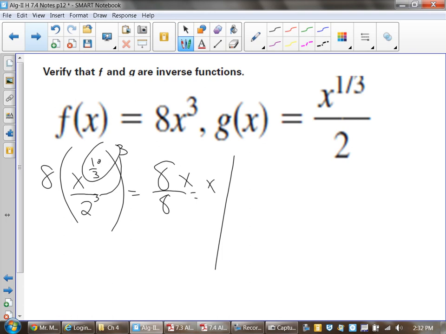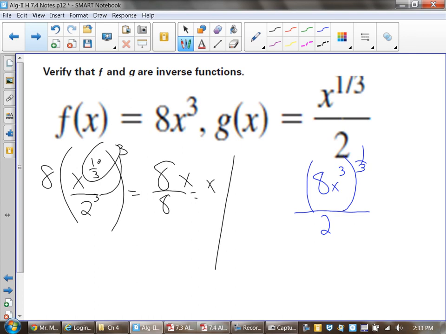When I go the other direction, I start by writing down the f equation, and then I surround it with the g equation without the variable. So I have to put this to the third, and then divide it by 2. When you raise something to the third power, what does that mean also? The cube root.